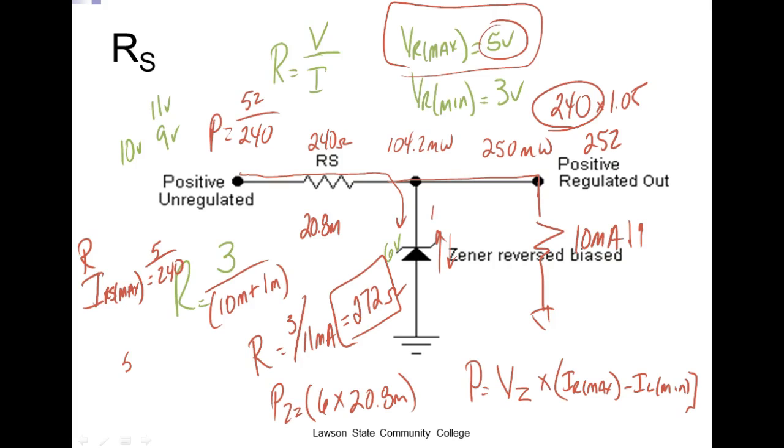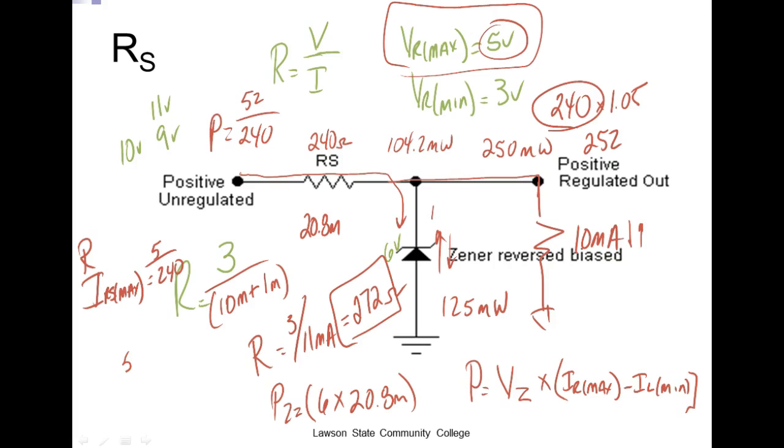I'm waiting. Milliwatts, right? Okay, so can I use that 1 watt Zener there? Could I use that 1 watt Zener there? Oh yeah, it's going to be sitting there idling, right? You understand?